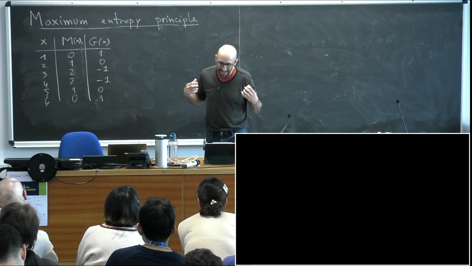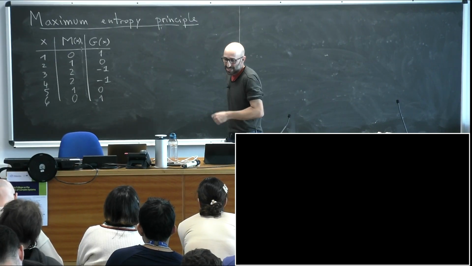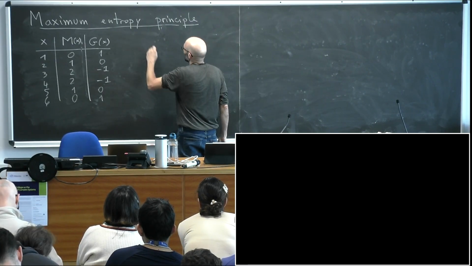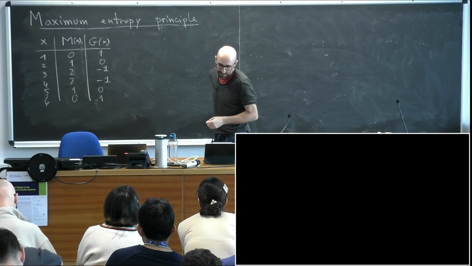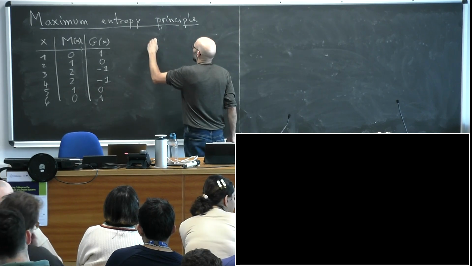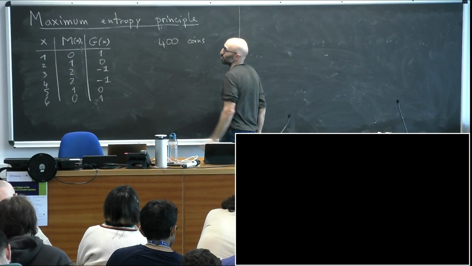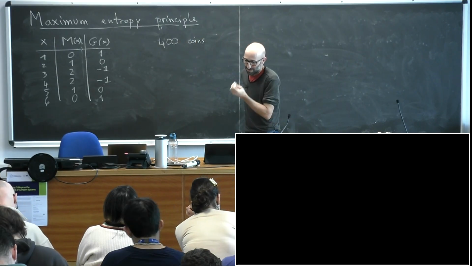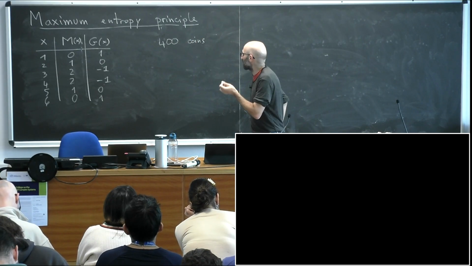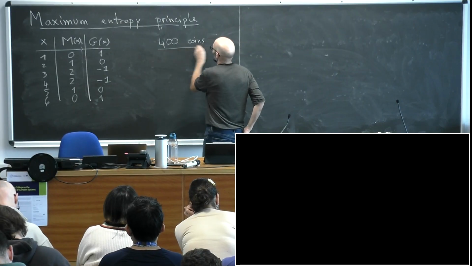So you can look at last year, and what you know is that last year the casino has won 400 coins. And you also know from some other information that 7,000 players have played the game.